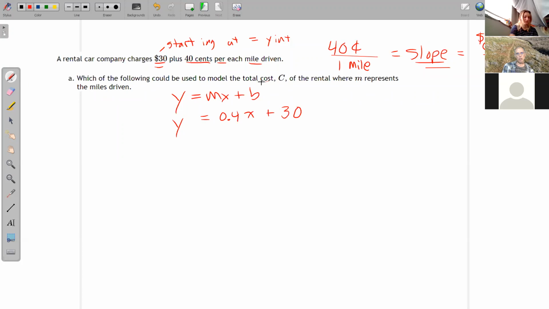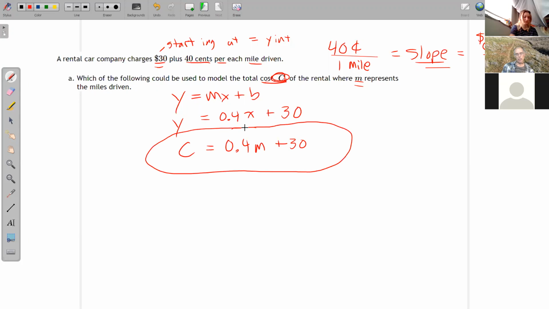And they want me to use c for total cost, so I'll write c equals 0.4 and m for the mile, so m plus 30. So I think that would be my equation right there.